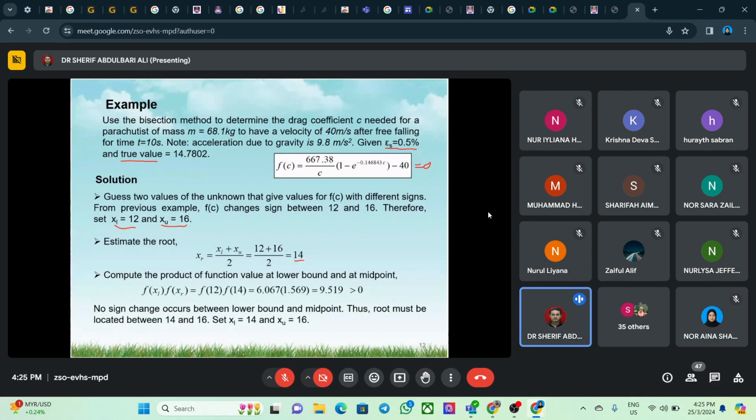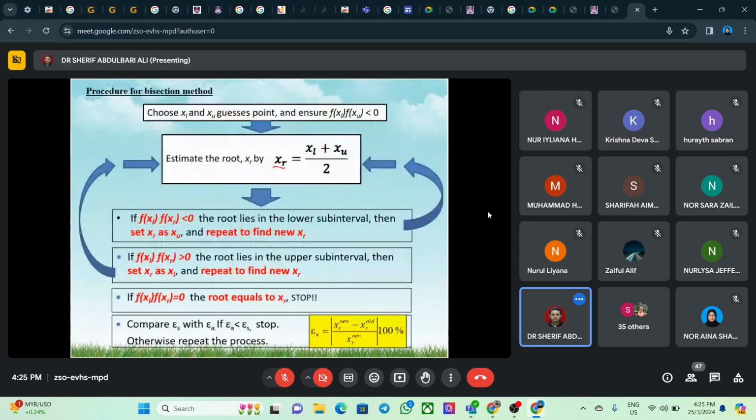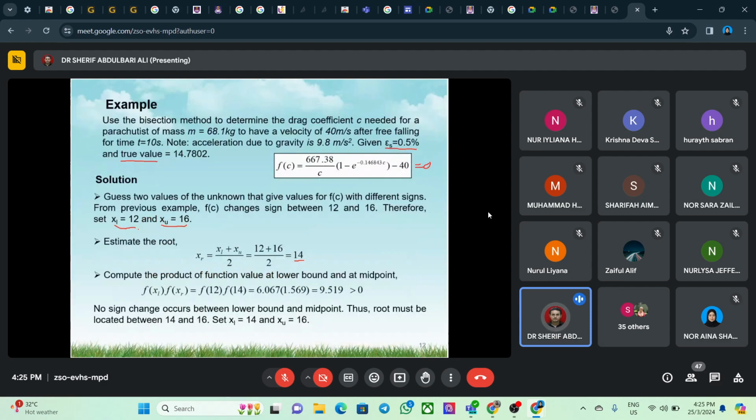Next, now I need to check my answer. Remember these two conditions in here. If the function of x lower times the function of xr is greater or less than 0, then I'll start to exchange the values. So now x lower is 12, xr is 14. So I need to find, if the c here is 12, what the answer of this function is going to be.